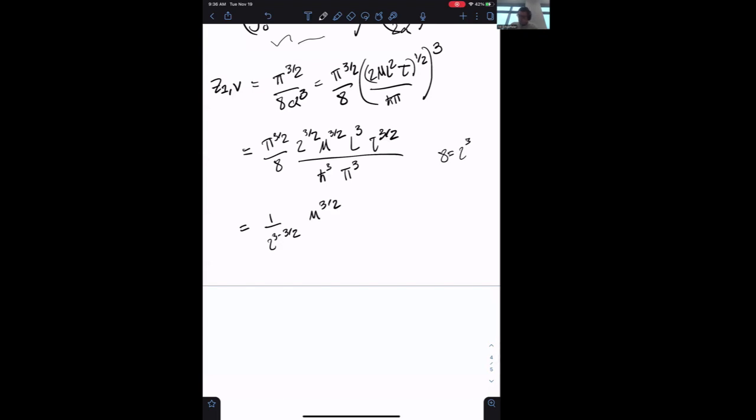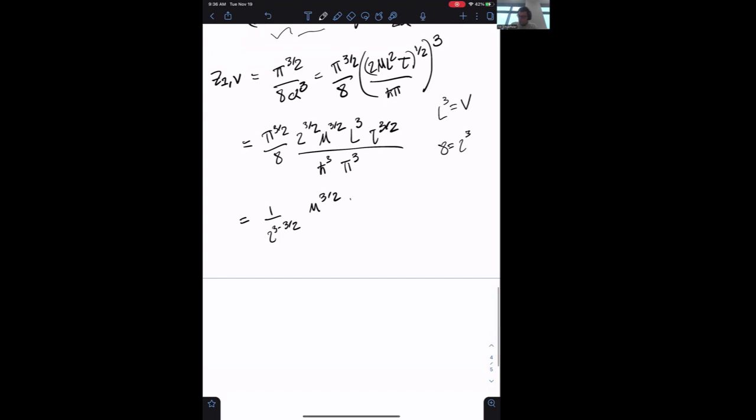Okay, so this L cubed, that's volume, so that's nice. Can write volume there. We have 2 to the 3 minus 3 halves, and we have h bar cubed.